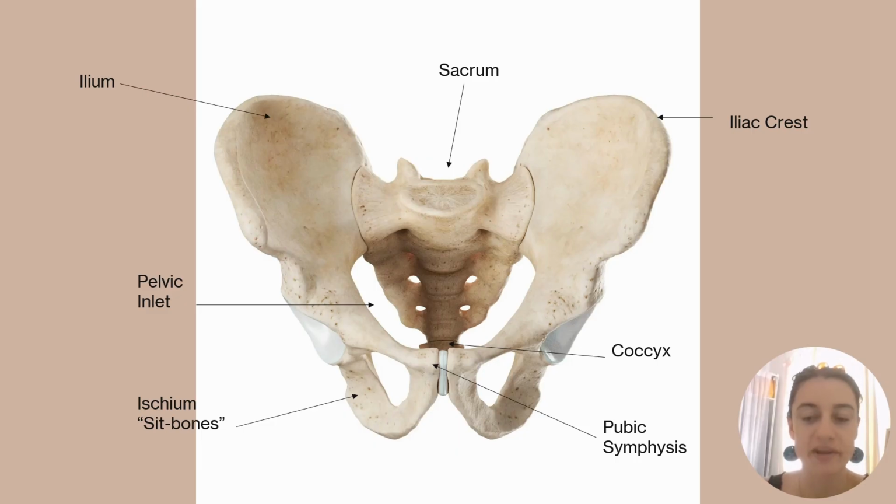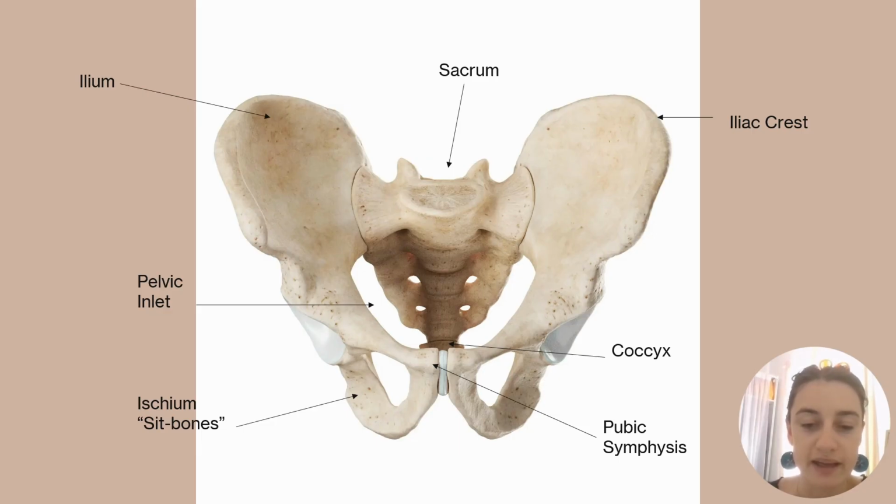Then we have what we commonly call the sit bones. So down the bottom, that's what we feel when we sit on a chair or a hard floor. But more correctly, we call them the ischium. And these two sides join to create the pubic symphysis. So the pubic bone is something we say a lot in yoga or Pilates because it's a location that we feel as one bone.